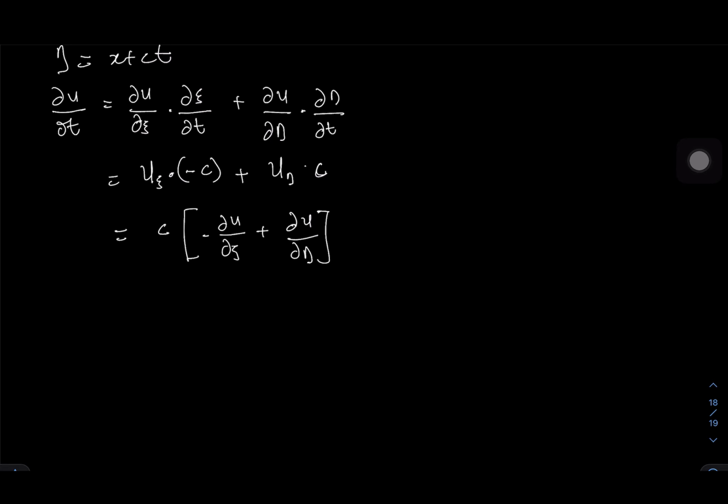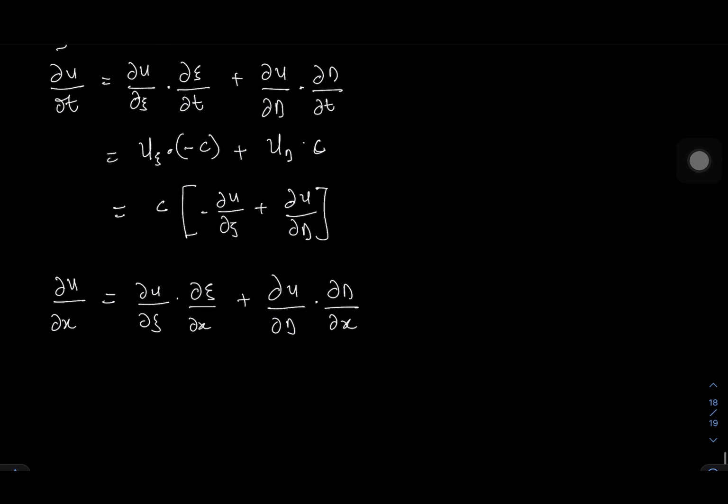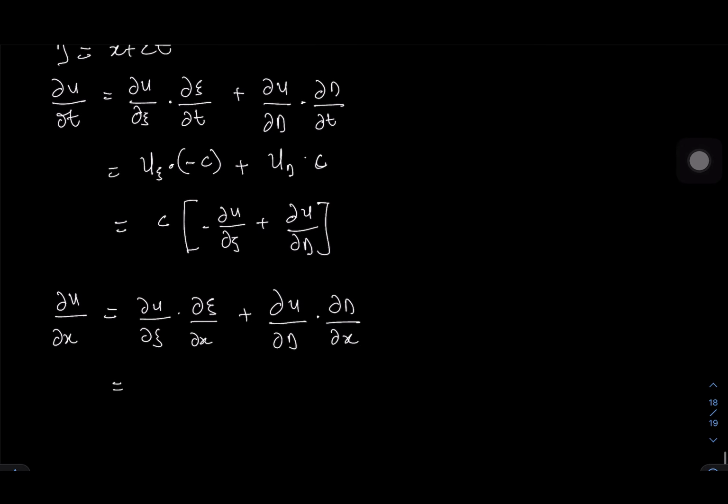So similarly, del u del x is going to be del u del eta del eta del x plus del u del c del c del x. So you're going to have, del eta del x is going to be just 1.